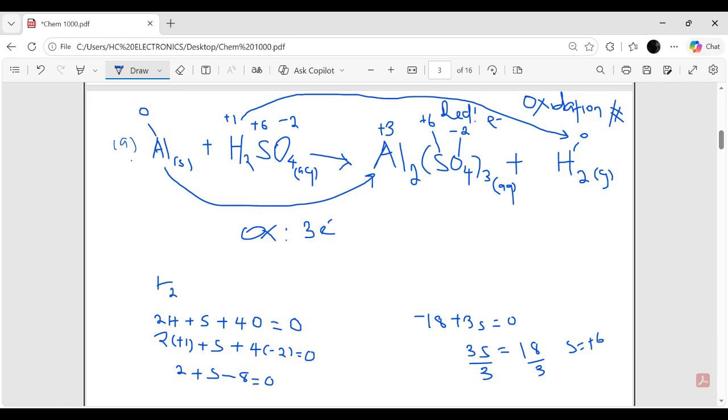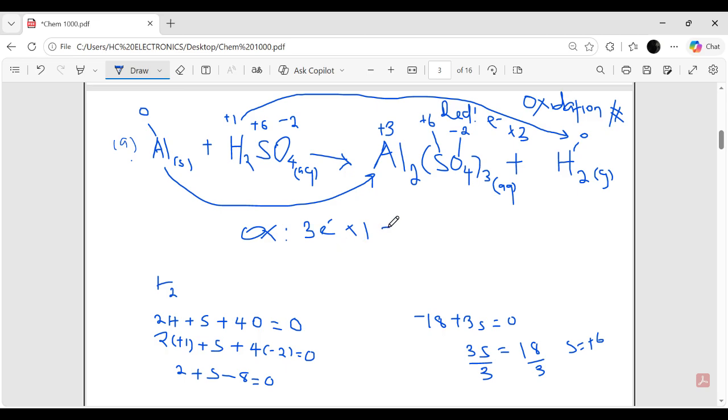Here there are 3 electrons, and here there is 1. For this to become 3, we multiply by 3 on the electrons. Then here just times 1.